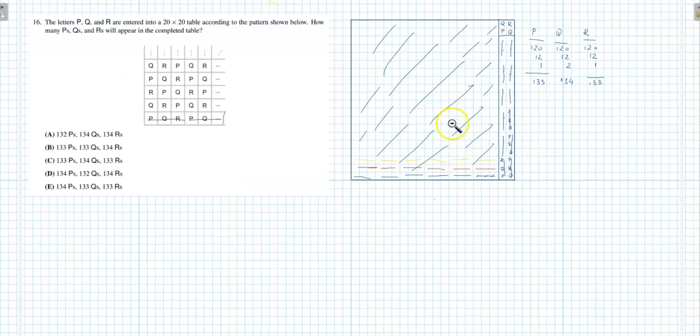When we look at the options, 133P, 134Q, and then 133R. So the choice is going to be C.